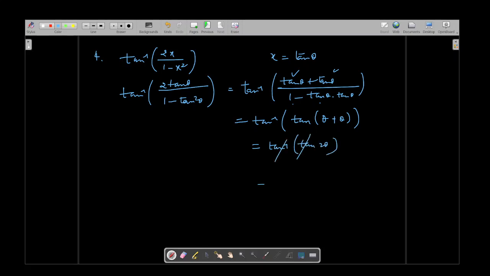So this is tan inverse of tan 2 theta. Tan inverse and tan we can cancel. So I am left with 2 theta. So 2 theta is 2 tan inverse of x, since theta is equal to tan inverse of x. So this function is also equal to 2 times tan inverse of x.